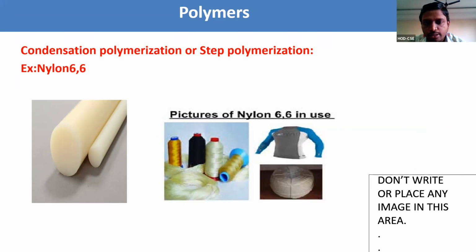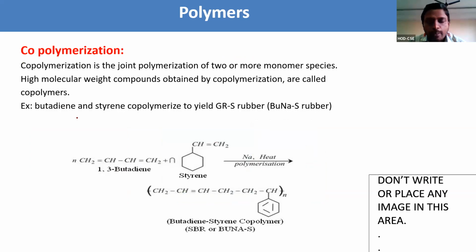Copolymerization is nothing but the joint polymerization of two or more monomer species.